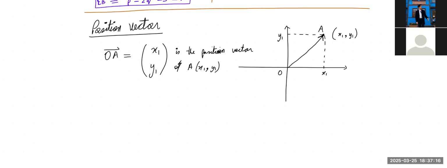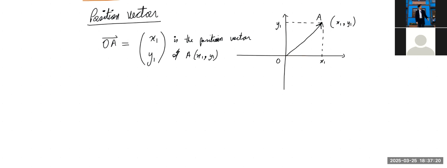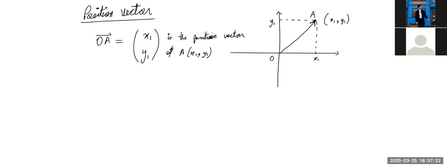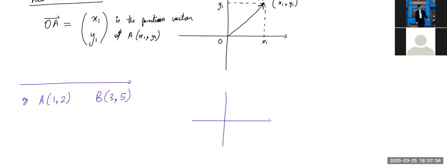Now another thing is, we can algebraically find the vector connecting two points by using those points' position vectors. What do I mean? Let's say you take a point A, which is 1, 2, and then you take another point B, which is 3, 5, and you show them on the graph. A is going to be somewhere here, B is going to be somewhere here.